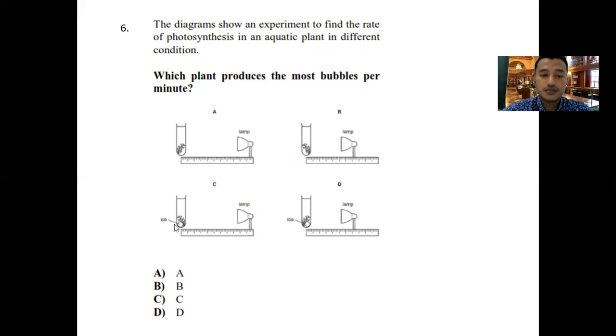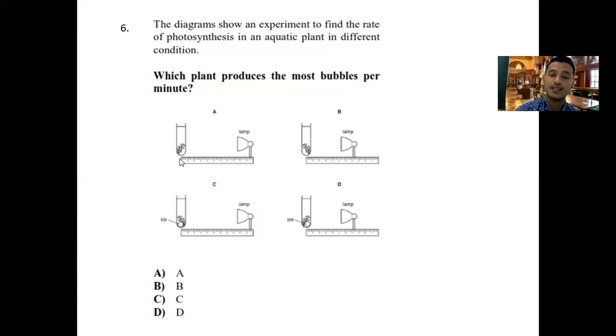So what is the difference in this experiment? You can see the light source, the distance from the light source to the plant. Because this is not sunlight or energy from the sun, this is from the lamp.